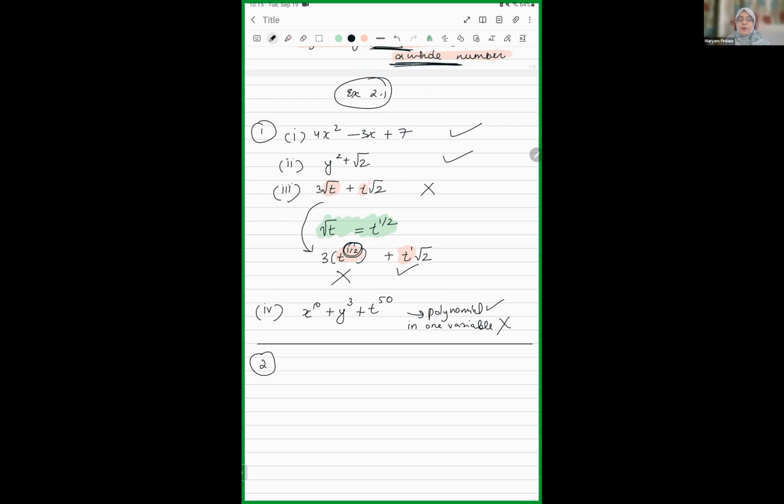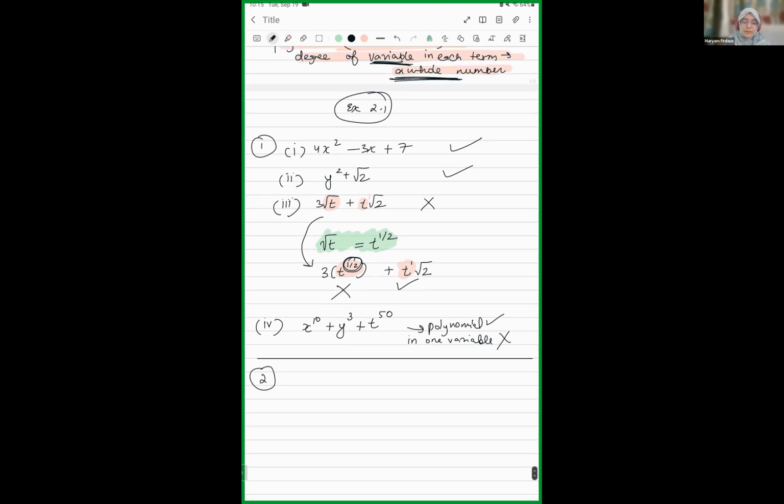Write the coefficient of x squared in each of the following. Coefficient is nothing but, for example, here, the coefficient of t is 3. Here, the coefficient of t is root 2. Let's say if I ask you the coefficient of x in 5xy, then you will say everything except x.